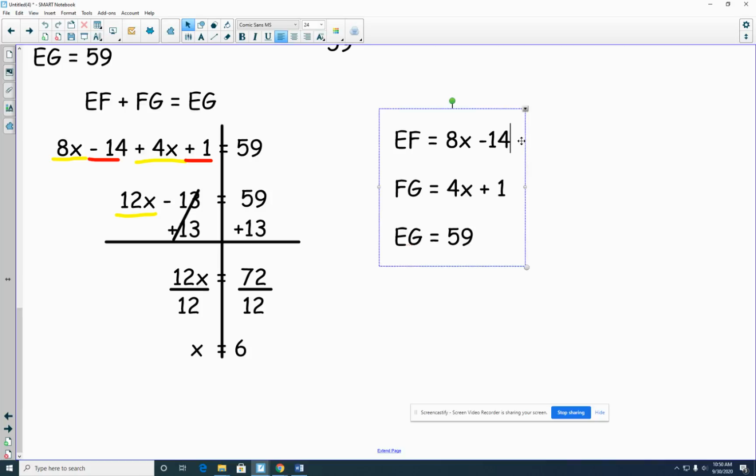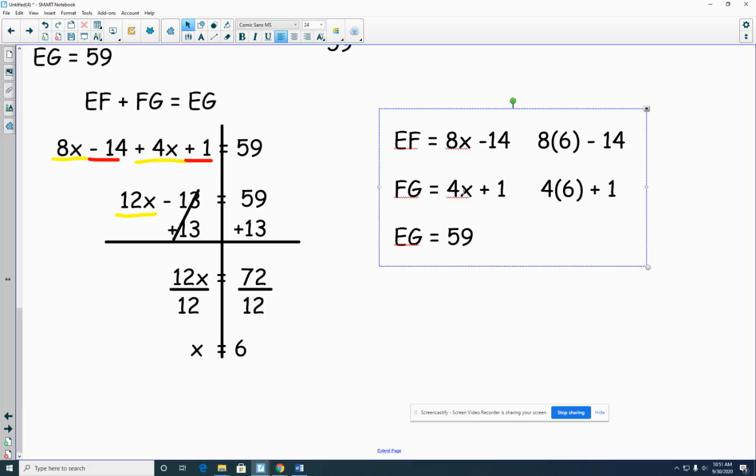So really now for EF, I can do 8 times 6 minus 14. Wherever I see x, I'm going to substitute in a 6. And then here, wherever I see x, I have 4 times 6 plus 1. And then EG I don't have to worry about.